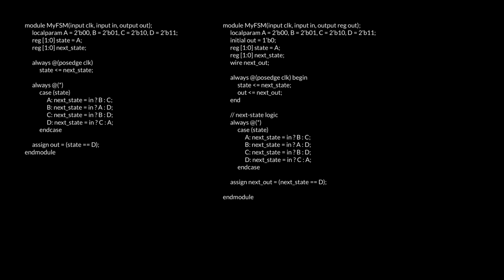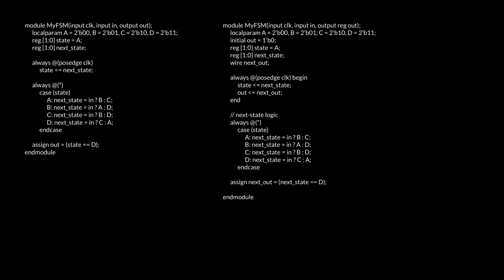And assign next out equals next state, etc. That's part of the next state logic. We could actually combine it into the single always block, but it's always better to have lots of short blocks rather than one long block because it's easier to debug. So this is simply part of the next state logic.